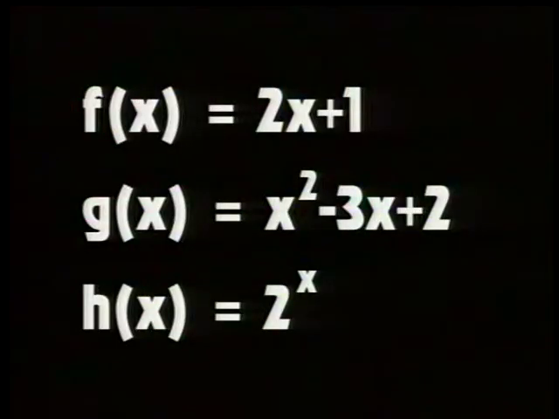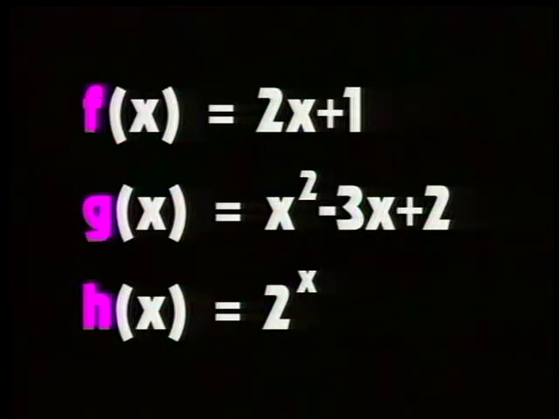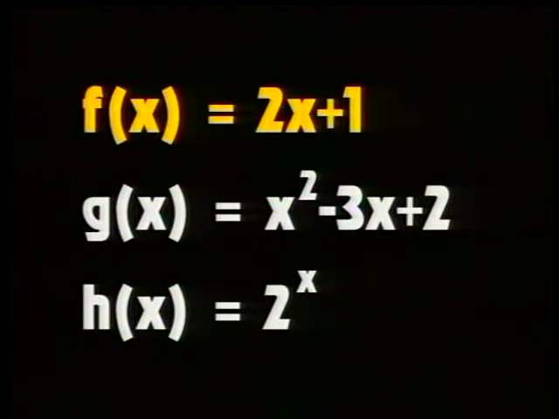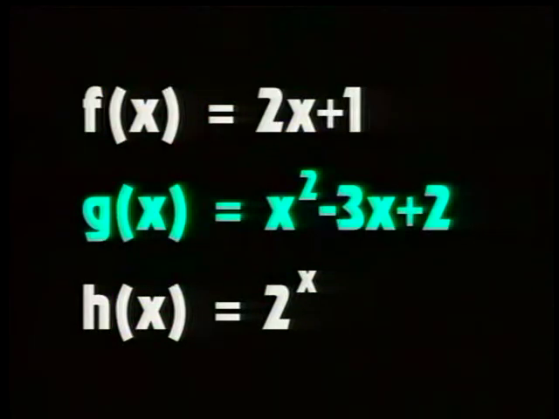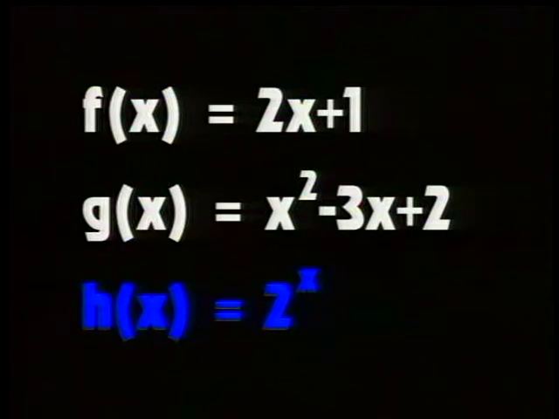In algebra, be prepared to see equations like these. Each of these examples defines a function of x, and we use different letters like f, g, and h to distinguish between different examples. These functions are read as f of x equals 2x plus 1, g of x equals x squared minus 3x plus 2, and h of x equals 2 to the x power, respectively.